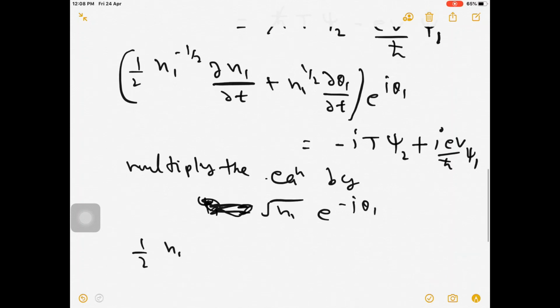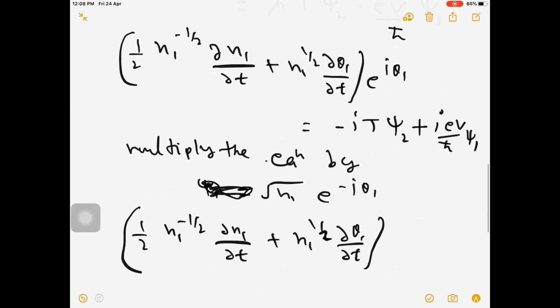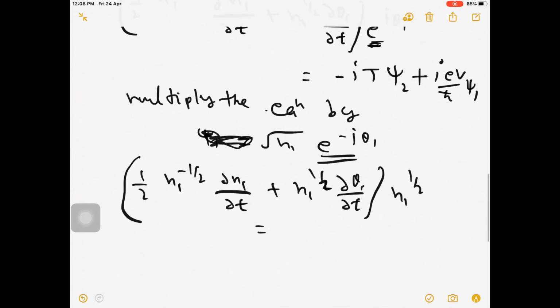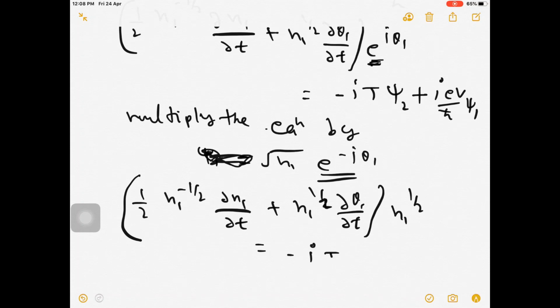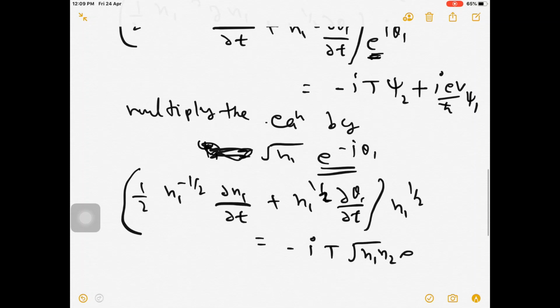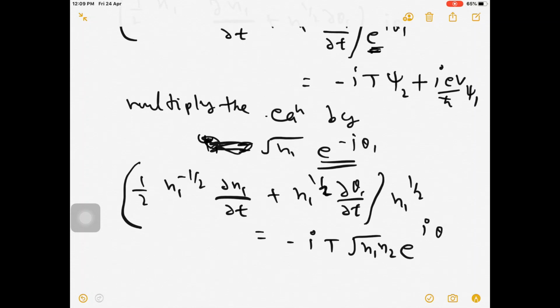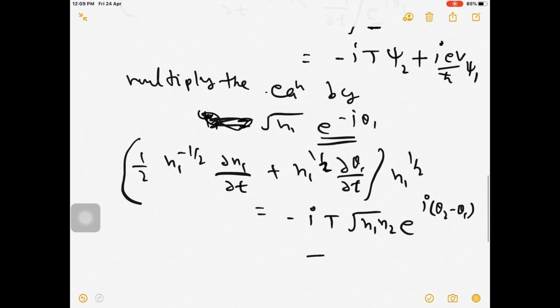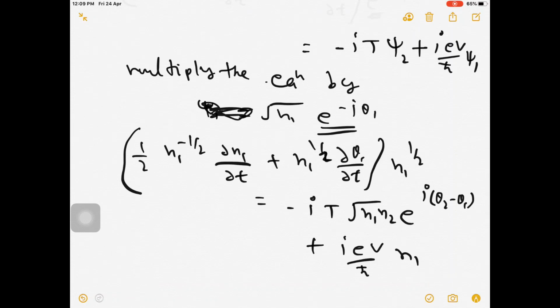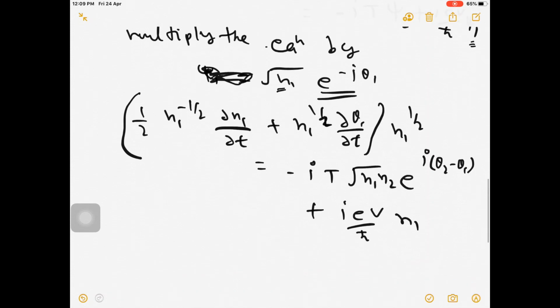So I will get 1 by 2 n1 power minus half del n1 del t plus n1 power half del theta 1 del t, and here I will get n1 half because this term becomes exponential 0 after multiplying with this term, and the right hand side will be minus iota T under root n1 n2 exponential iota theta 2 minus theta 1 and plus iota eV upon h cut n1, because under root n1 and under root n1 become n1, and exponential minus iota theta 1 and exponential plus iota theta 1 of psi 1 are cancelled out.